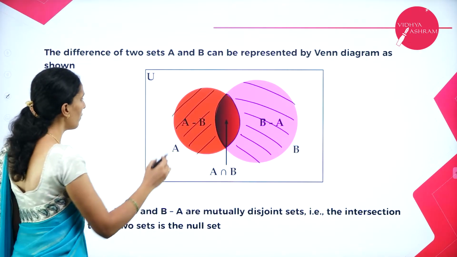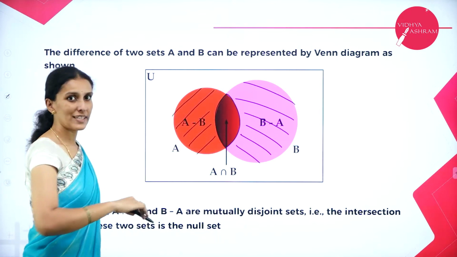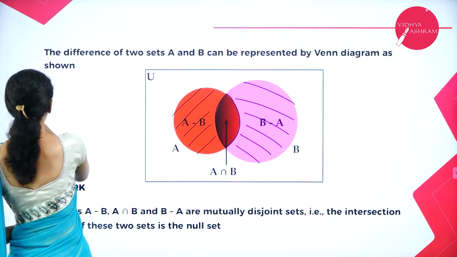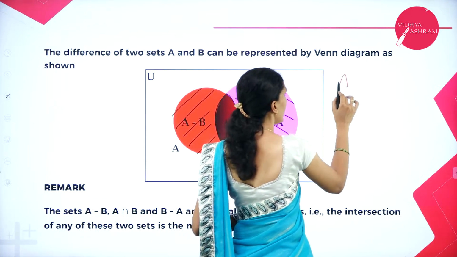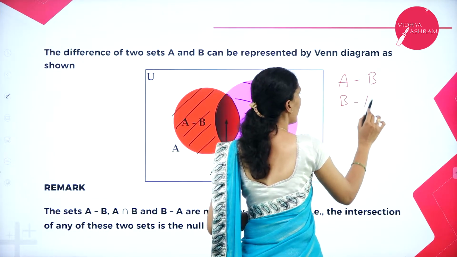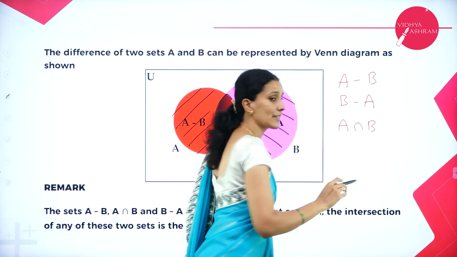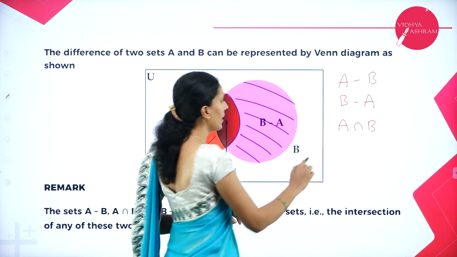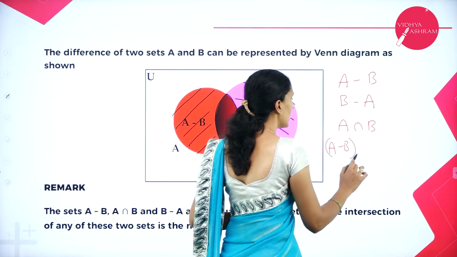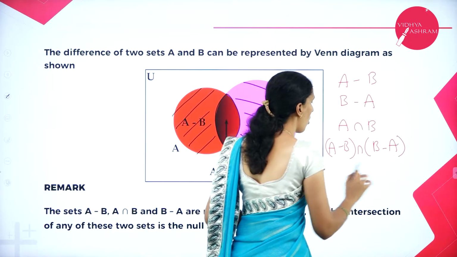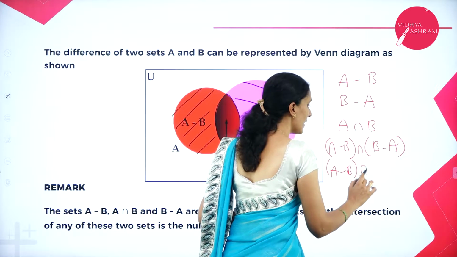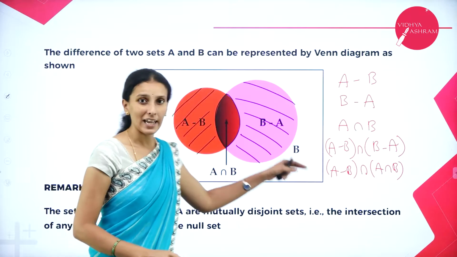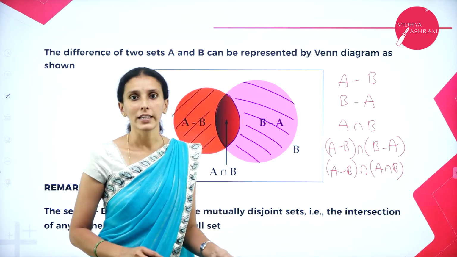One more thing: these sets can also form subsets. If you take A minus B, B minus A and A intersection B as three sets separately, and when you intersect them, whether it is A minus B intersection B minus A, or A minus B intersection A intersection B, when you intersect any of the three sets, you will not get any element.